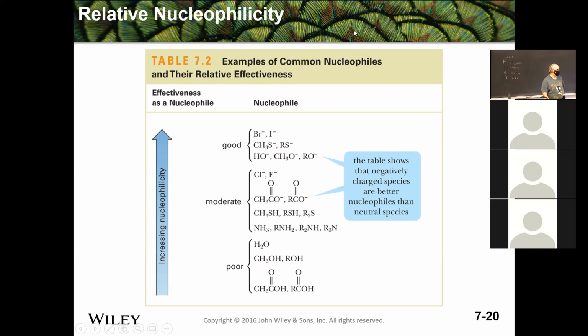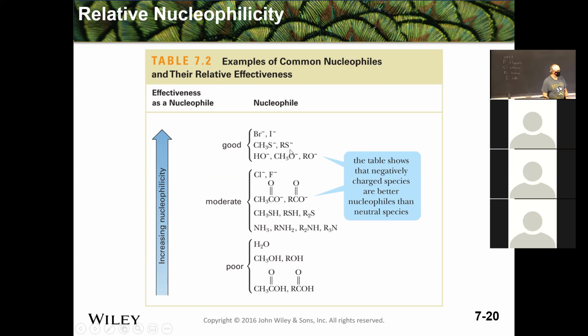Okay, so up here at the top, bromide, iodide, CH3S minus, RS minus, all of these are the best nucleophiles. They'll react fastest with bromoethane. And we have moderate nucleophiles, and down here we have poor nucleophiles. These will react very slowly.